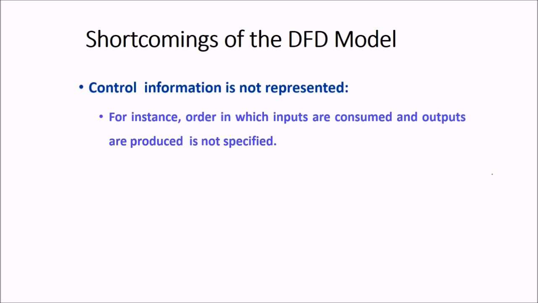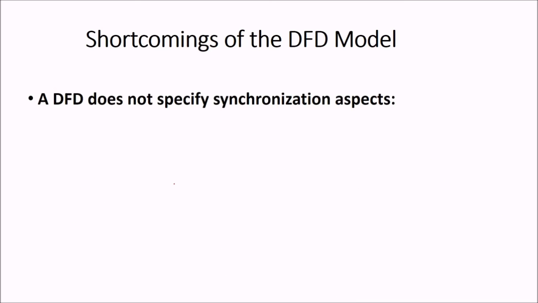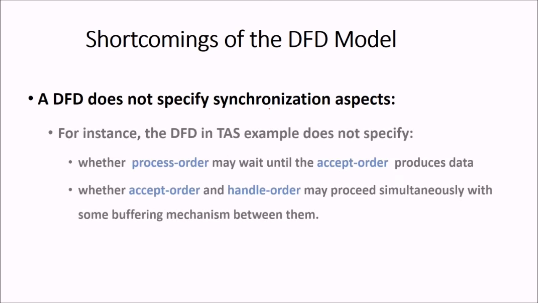So control information is also not present, or you cannot represent it in a DFD. For example, the order in which inputs are consumed and outputs are produced is also not specified, so it becomes very difficult to understand sometimes. How can you understand if you are not given any proper control information in this particular case? So DFD does not specify synchronization aspects also.